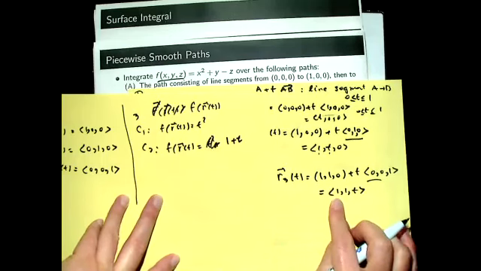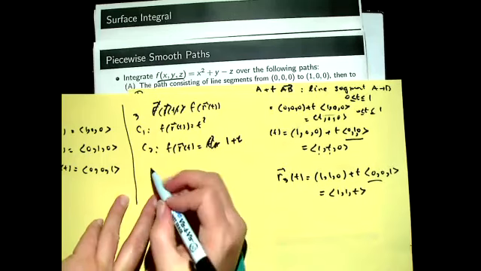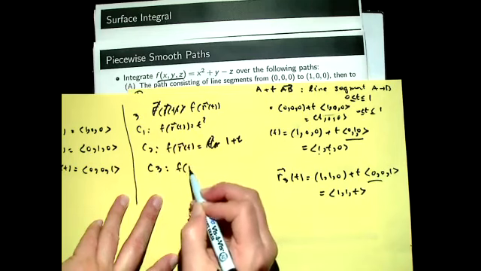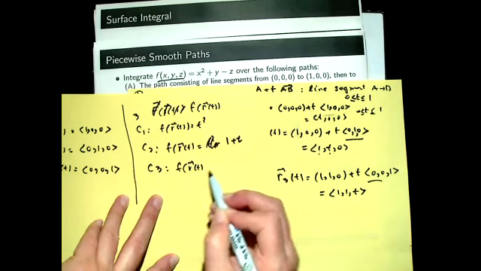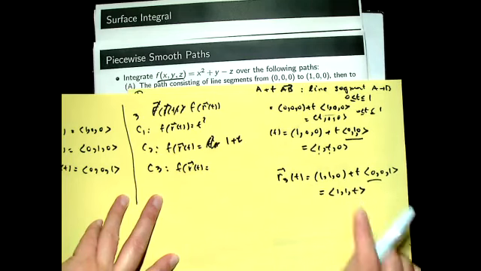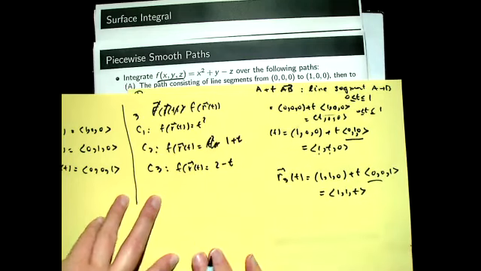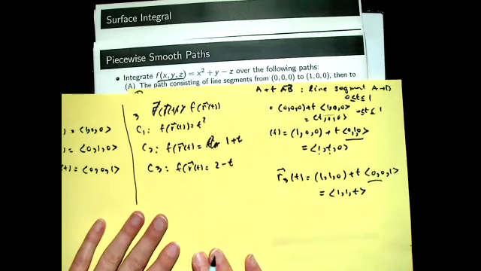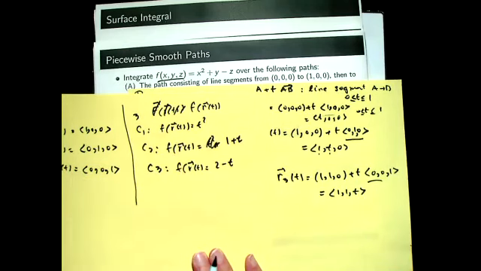No. For R3, it's going to be 1 plus 1 minus T. So I found all those parameterizations.